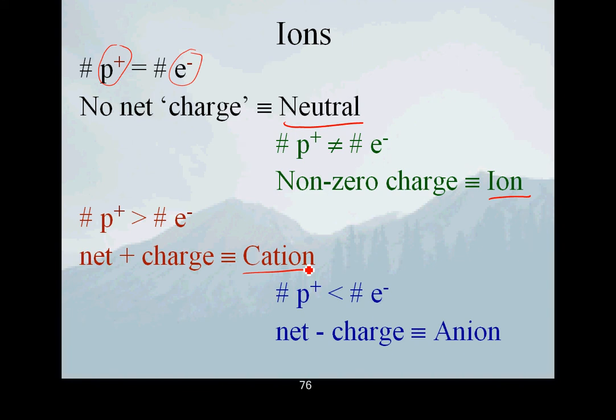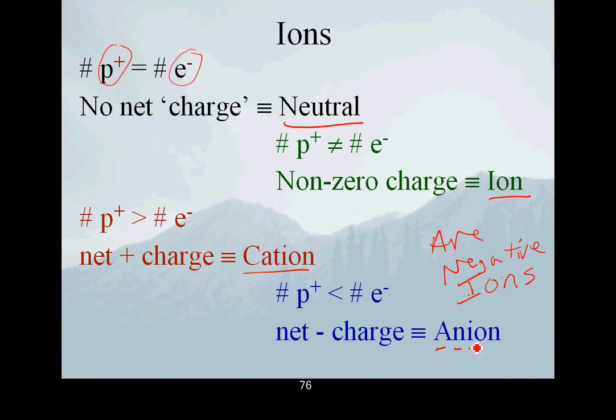One way of remembering that is the phrase: anions are negative ions. That's how you remember anion is the negative one and cation is the positive one.